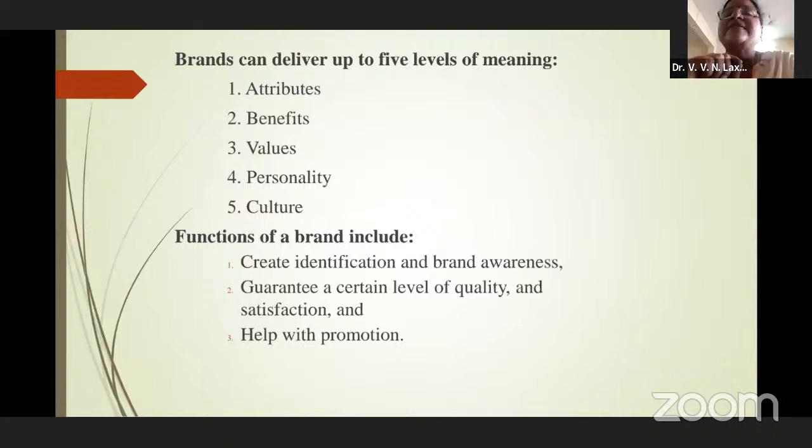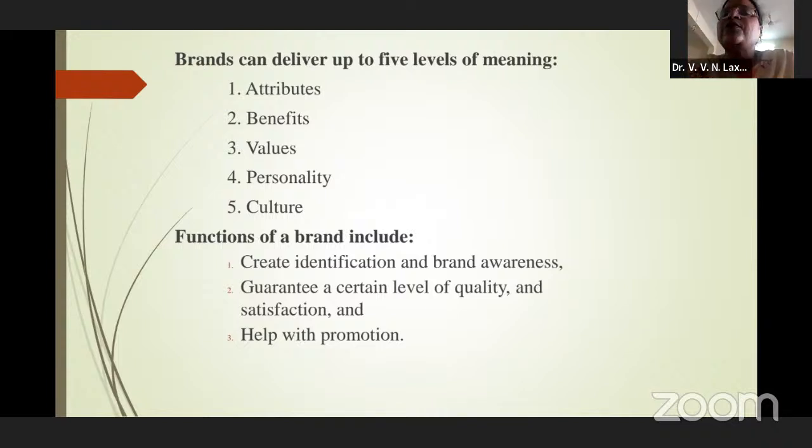Brand refers to 5 levels of meaning. When I say a brand, it talks about the attributes, that is the features of the product. It talks about the benefits the products are providing, because the brand name and the benefit, or the purpose to which the product is put, are mostly related to each other.